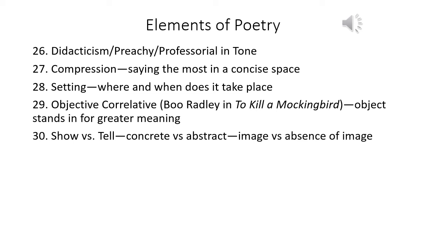29, objective correlative. So think of correlative as it's correlating one thing to another. It's kind of like symbolism, an extended symbolism. If you've read To Kill a Mockingbird, I'm not sure if that's part of the sort of Canadian canon in high school, but it certainly is in America, it's required reading, what's called the canon. And so in reading To Kill a Mockingbird, you have a sort of mysterious character that everybody in the neighborhood is afraid of.